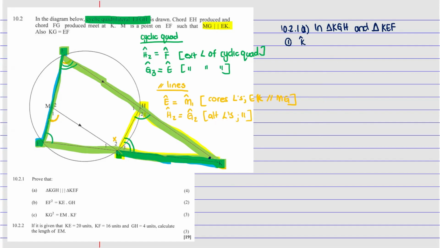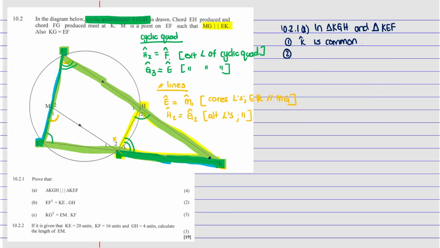And remember that when you're proving similarity and congruence, you need three statements in total. So this angle K here is common, right? So that's the first statement, which is that we can see it's common. Then the second statement: what do we see?